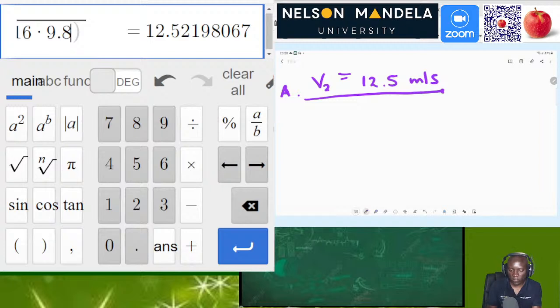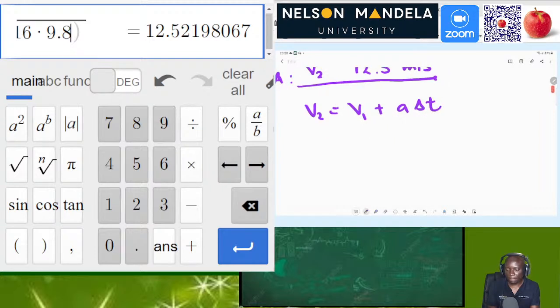So still for A, v2 equals v1 plus a delta t, where v2 is the final, which is 12.5. We said downward is positive, we're maintaining that. So 12.5 equals 0 plus 9.8 times delta t.